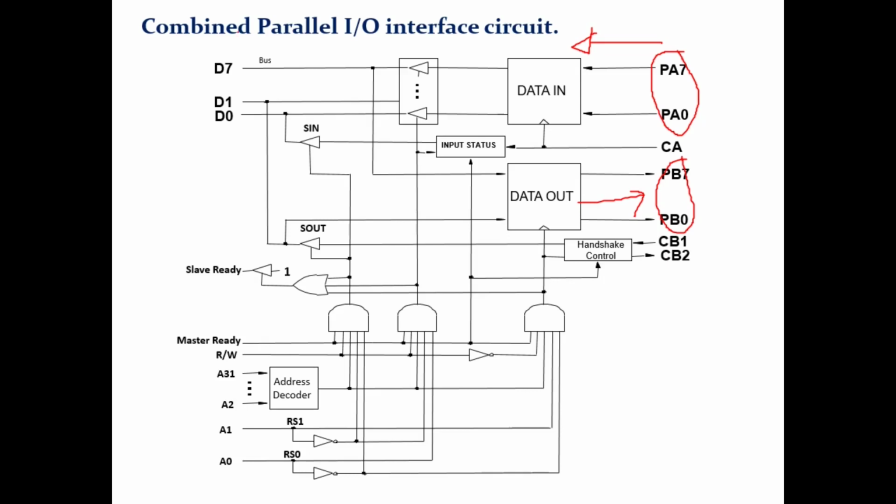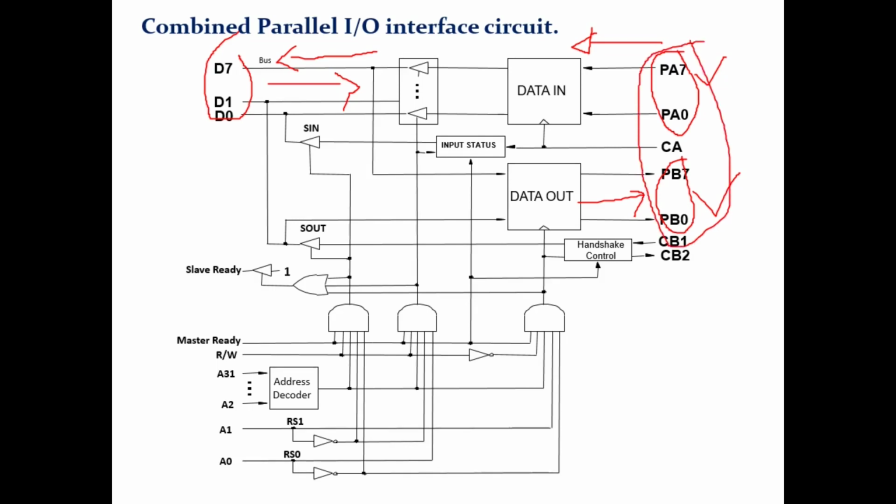But the data bus either sends data to the data out register, in this direction, or it reads data in this direction. That means the data bus is bidirectional. So if that bidirectional concept is applied to these 2 data lines, then we can reduce this circuit a little bit. We will see how exactly it works.